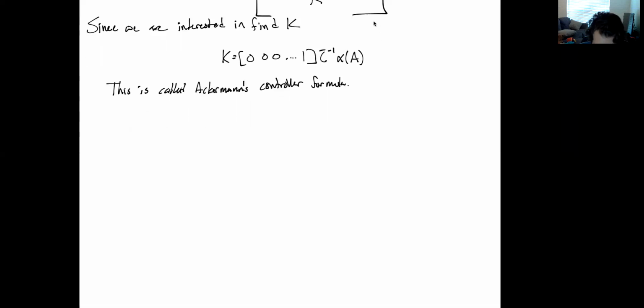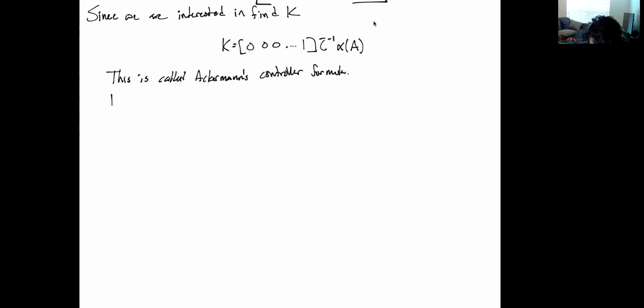Again, there's a couple caveats. One is the eigenvalues of A minus BK and A must be disjoint, so they can't coincide.